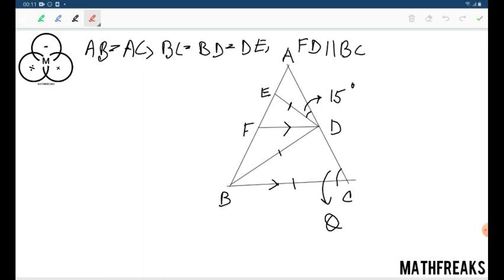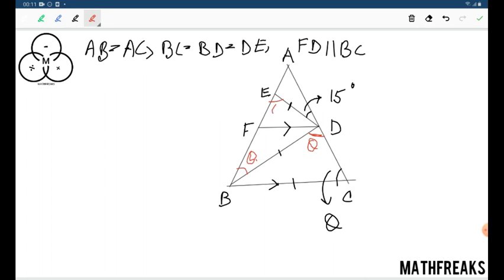Since this line and this line, this line and this line are equal, this angle will also be theta. Now since FD parallel to BC, this is also going to be theta. This is equals to this.